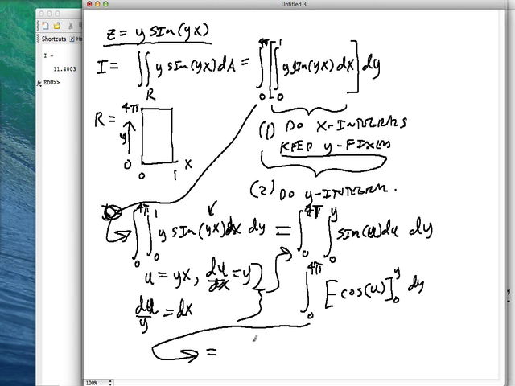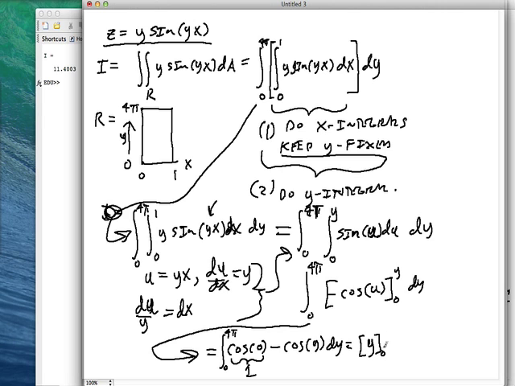Finally, we can compute this all the way through. That becomes the integral from 0 to 4 pi, and we have to evaluate the difference of those two things, so that becomes cosine of 0 minus cosine of y dy. Cosine of 0 is actually just 1. The integral of a constant is, of course, just going to be y.